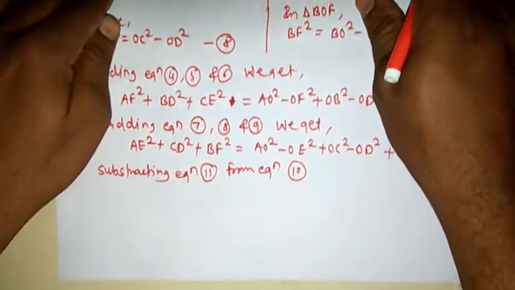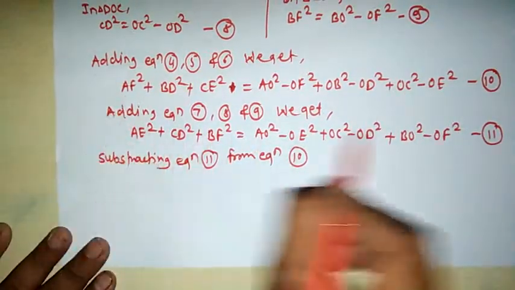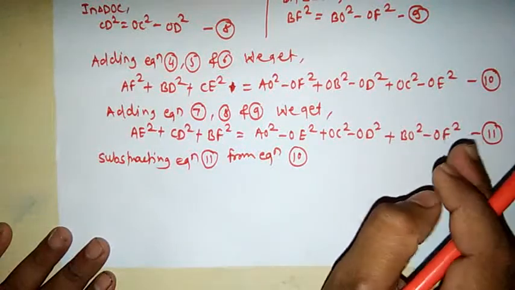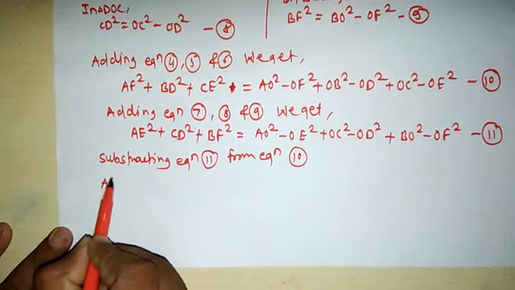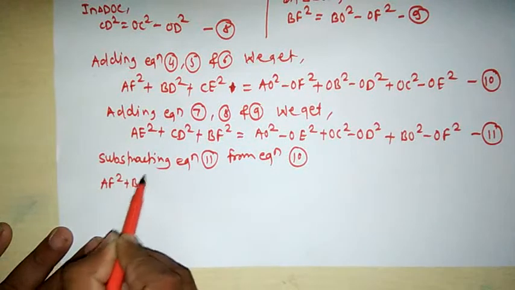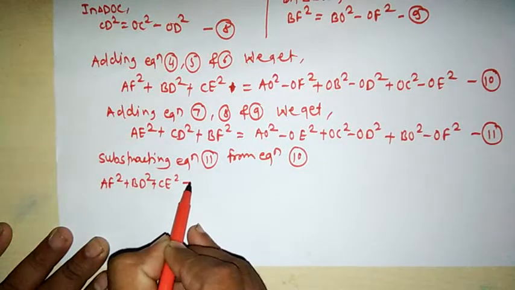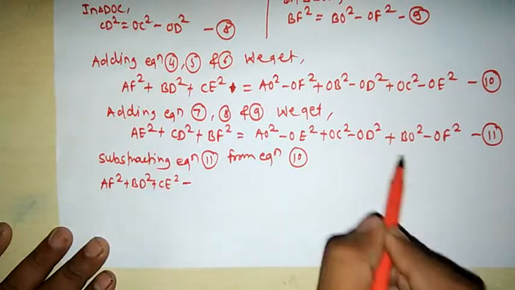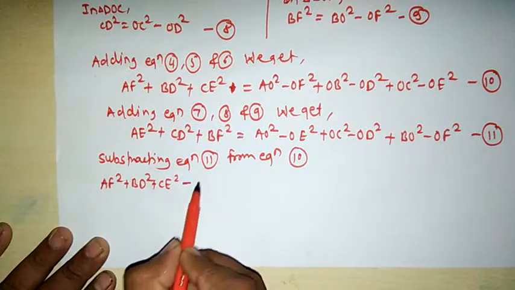Write carefully all the terms here. We have to subtract equation number 11 from equation number 10. See here, equation number 10: first I will write AF square plus BD square plus CE square. We have to subtract equation 11. While subtracting, we have to change the signs of all the terms. This is plus AE square, it will become minus AE square.